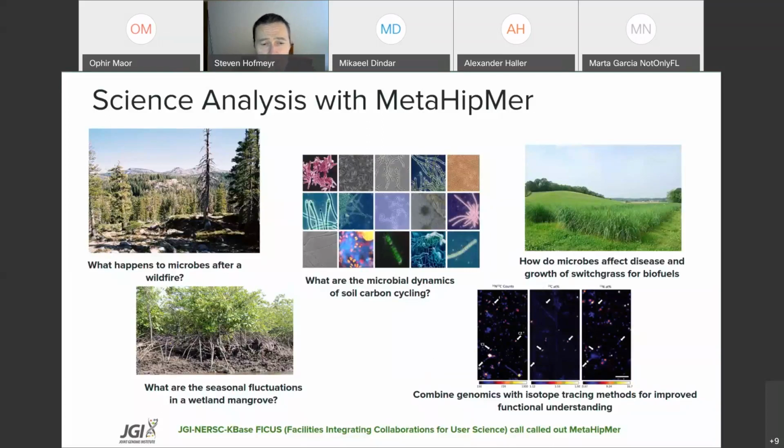We can also look at the impact of the various microbes on mangroves and other environments, to see how they change over time. And we can also do further downstream processing, such as isotope tracing, to try and improve our understanding of how these things are used.